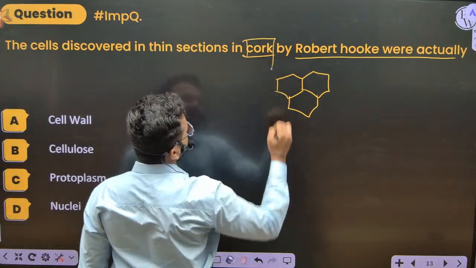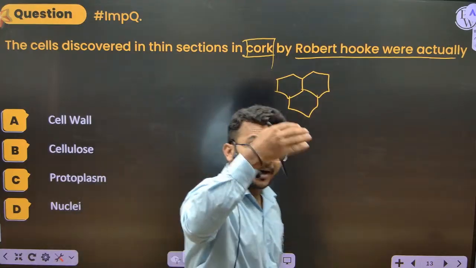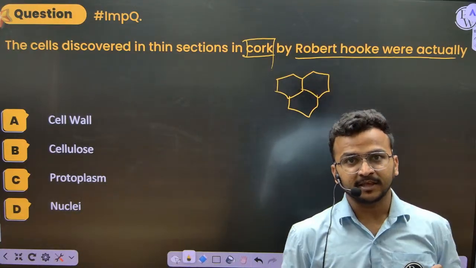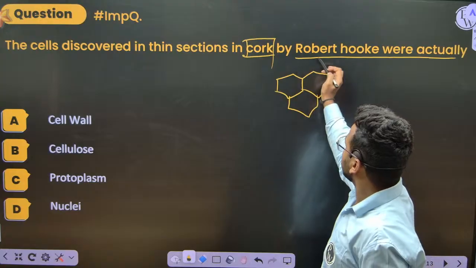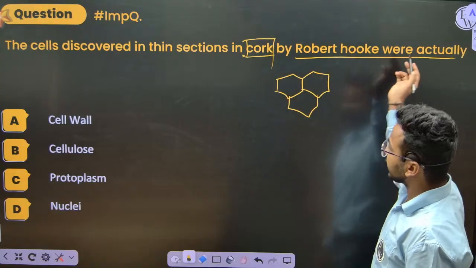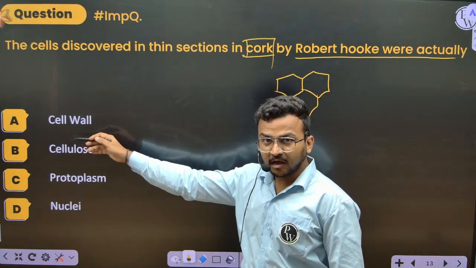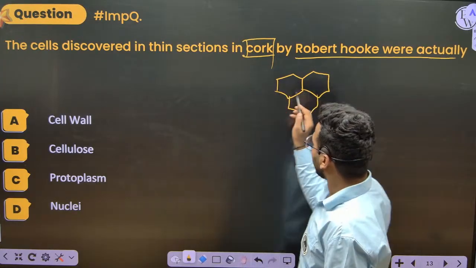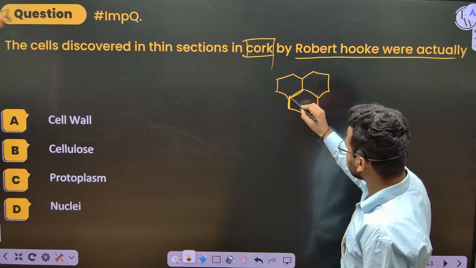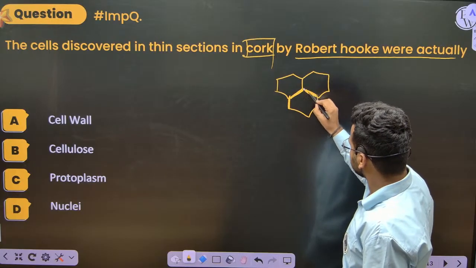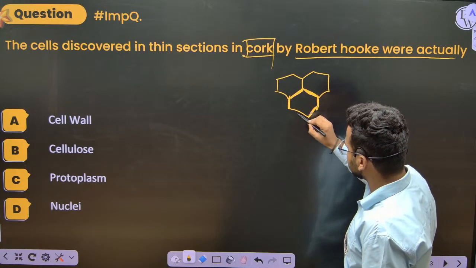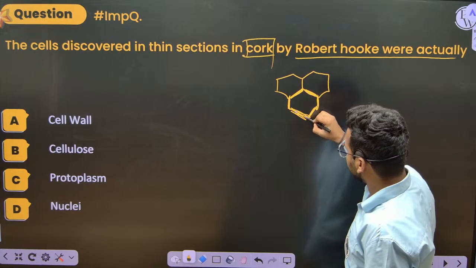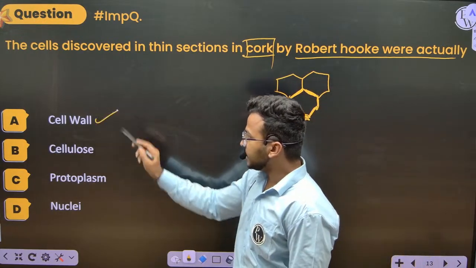The cork is nothing but the bark of the tree, dead cells will be there, that is cork cells. What Robert Hooke actually observed were walls, not cellulose. These are walls, so cell wall will be the option here.